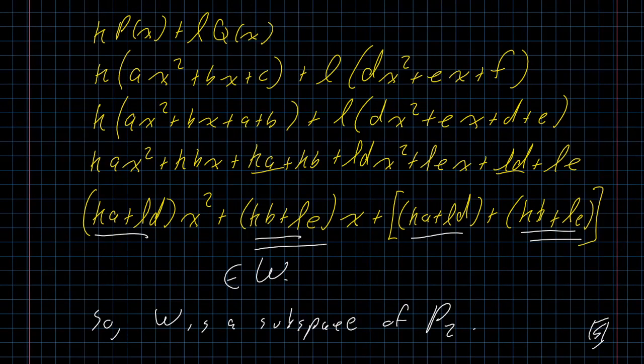If I take a linear combination of two polynomials in the set, I get a result that I can show is another polynomial in the set. The coefficient on x squared plus the coefficient on x is the same thing as the constant term. Since I showed this arbitrarily, it must be true for every linear combination, and that's what it takes to show that we have a subspace.